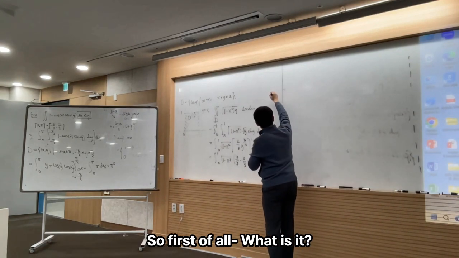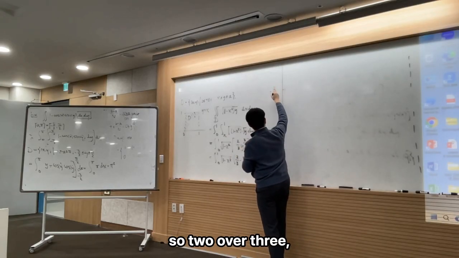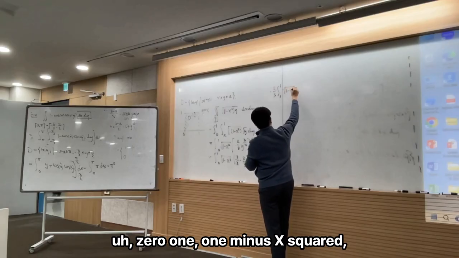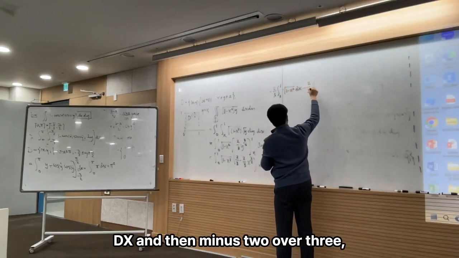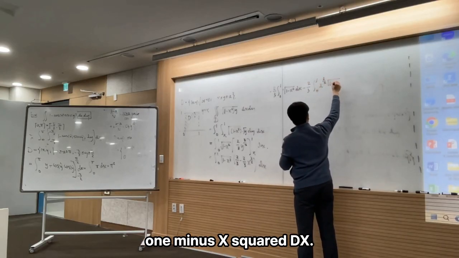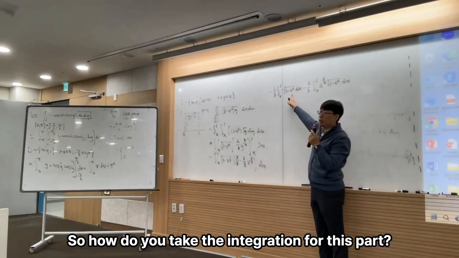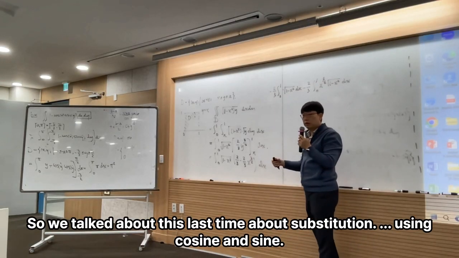So first of all, what is it? I'm going to split this out into two parts: 2 over 3 times the integral from 0 to 1 of the square root of 1 minus x squared dx, and then minus 2 over 3 times the integral from 0 to 1 of x to the 3 over 2 times the square root of 1 minus x squared dx. How do you take the integration for this part? We talked about this last time, about substitution using cosine and sine.